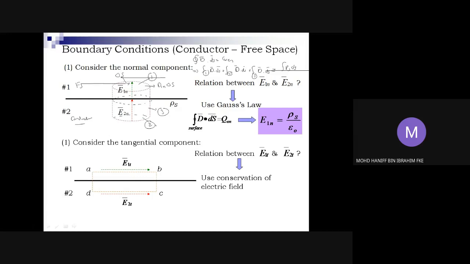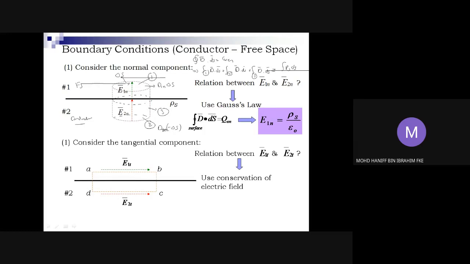Whereas for surface number 2, D dot dS is D2n, I apologize, D2n, and then we have negative delta S, because D2n is in the positive direction, while delta S should be in the negative direction, so we have negative delta S.